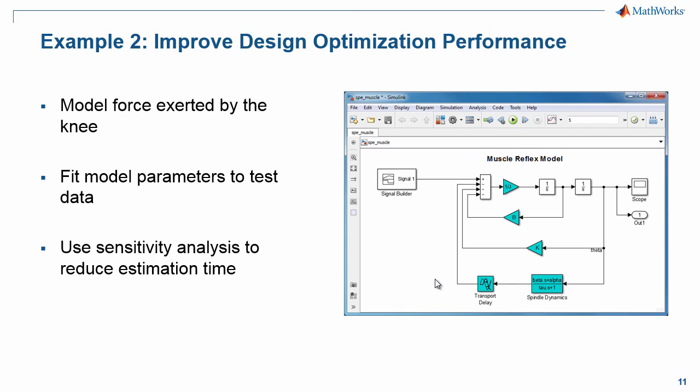The model describes the force exerted by the knee when an impulse is applied to it, like what happens when a doctor strikes it with a small hammer. Our objective is to find parameter values which most closely match our test data, and we'll be using sensitivity analysis to find a way to improve performance by reducing the estimation time for the process.